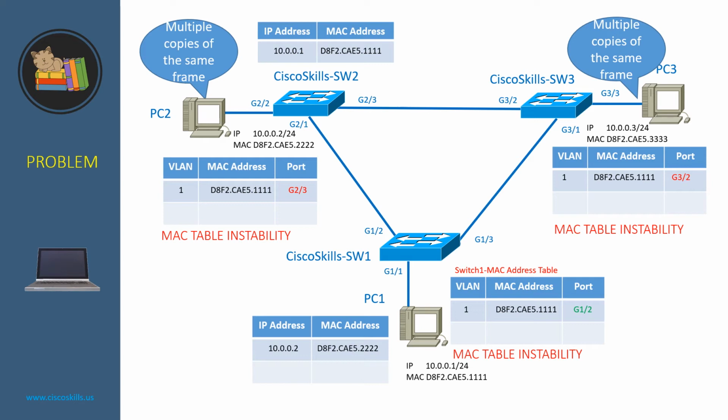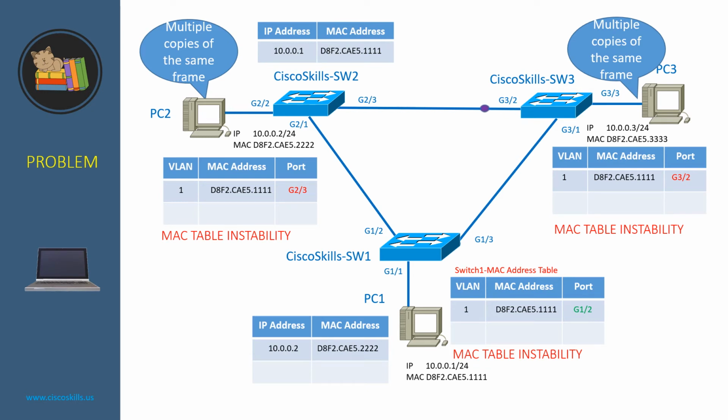In this case, PC2 will process the broadcast frame, and it knows that it is the ARP request sent from PC1, and it will again have to respond with the ARP reply back to PC1.